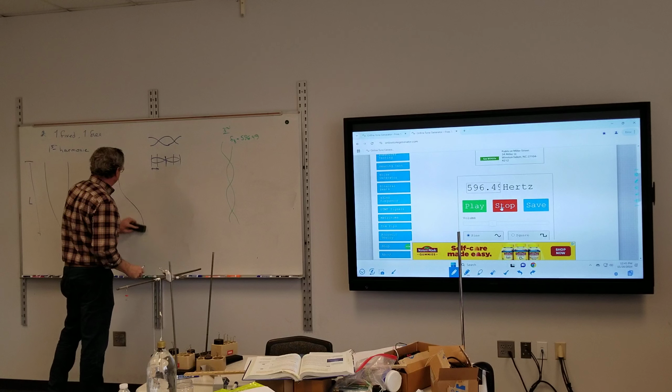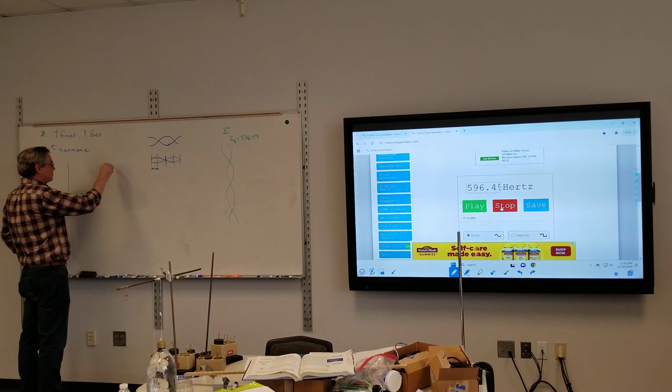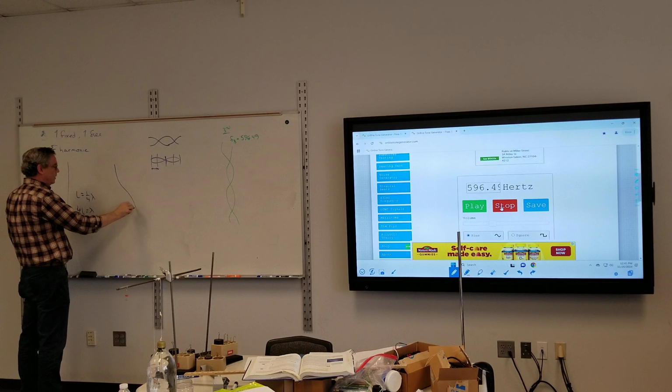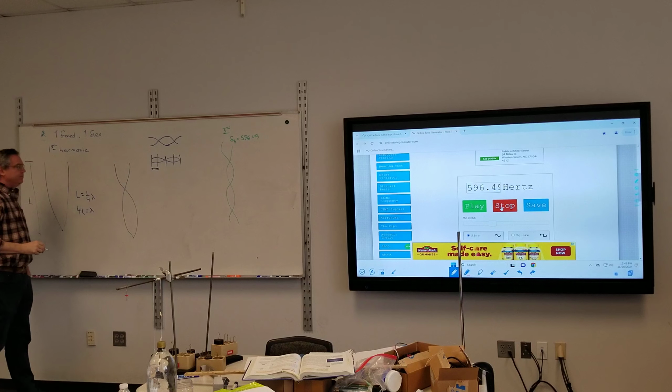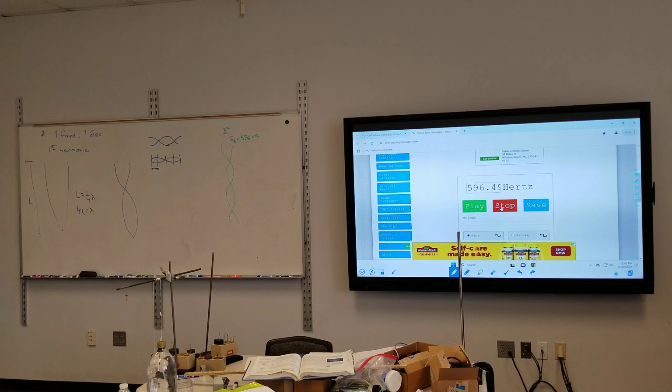And I'm going to attempt to draw this correctly. Better than what my first attempt was going to look like. How many waves is this? You said 3?